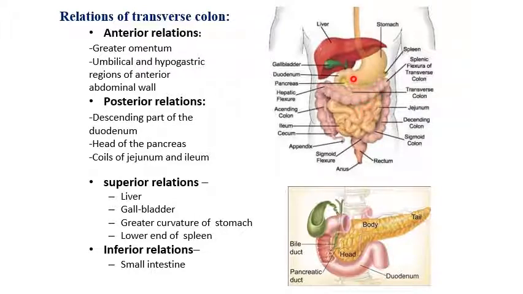In the superior relations, what will come? Liver, then gallbladder, and the greater curvature of stomach and the lower end of spleen. Here there will be the lower end of spleen. In the inferior relations, small intestine will come.